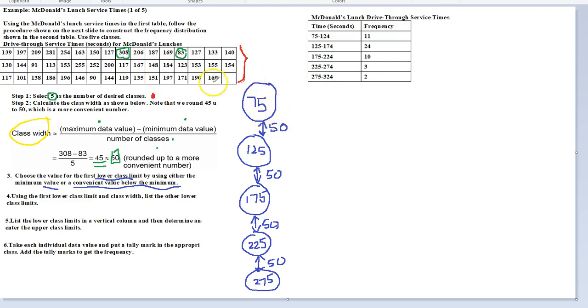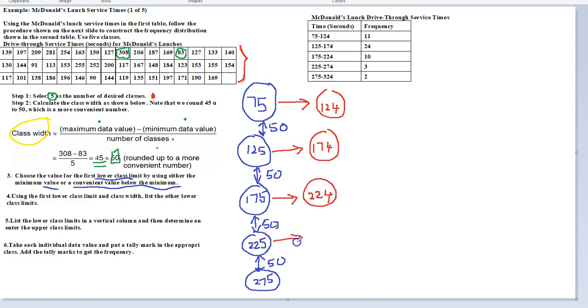Now we have to find the upper limit of each class. Because the next lower limit is going to be 125, the highest you can go from 75 is 124. Same thing over here: 125, the next one is 175, so the highest limit is 174. Now you go from 175 to 225, so the maximum on this class has to be 224.